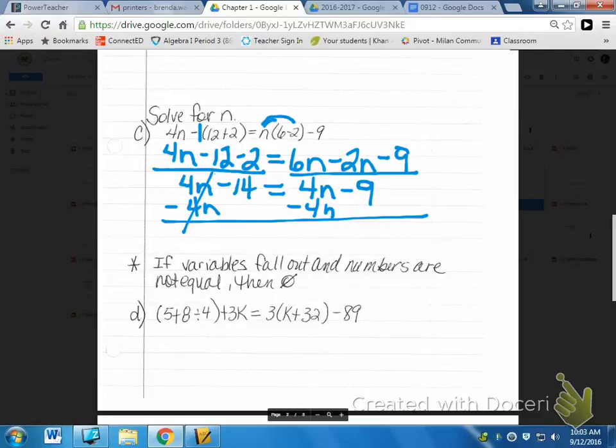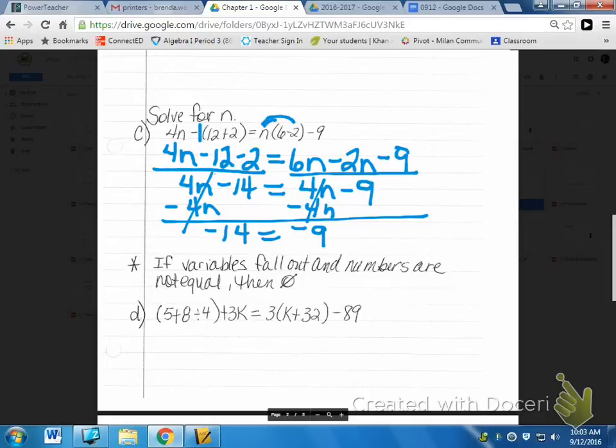Nothing. What do I bring down on the left, Ben? Oh, negative 14. Thank you. And then the equal sign, and then what happens on the right? Negative 14 equals negative 9. Okay, now, is that true? Does negative 14 equal negative 9?